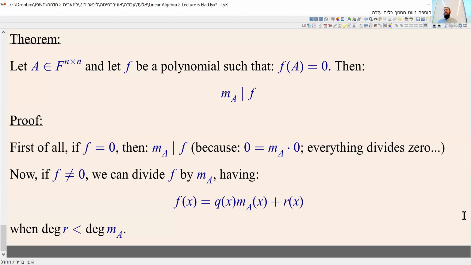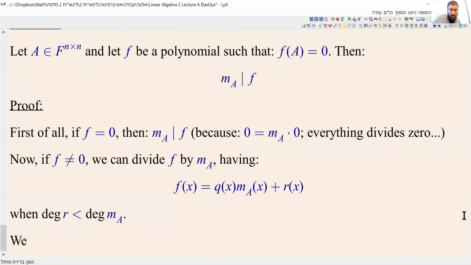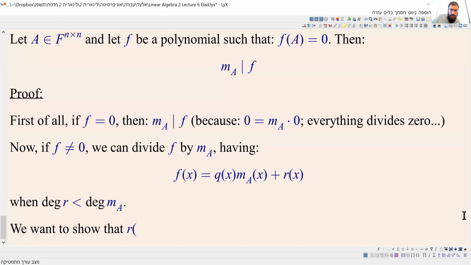We want to show that F is divided by M_A, meaning that the remainder R is just 0. Yeah? We want to show that R is 0.